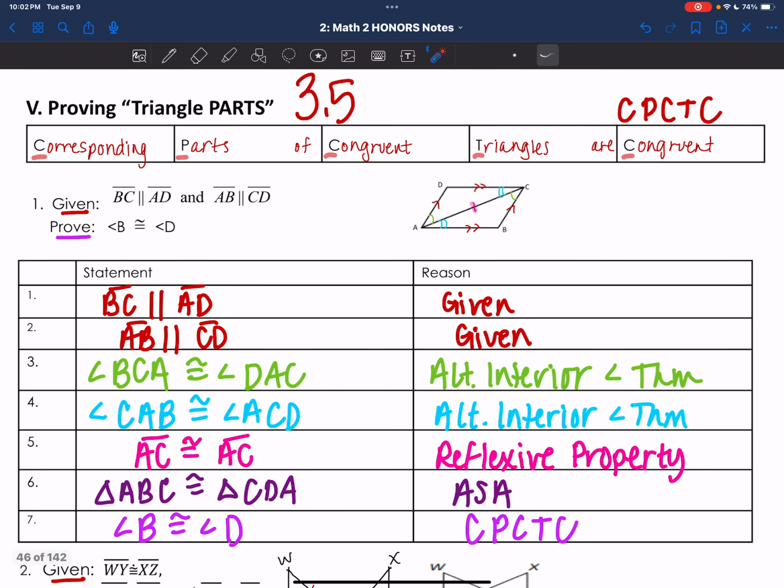So that way we can do given: BC, or segment BC, is parallel. So remember that's parallel. I'll write that here, which you should know. All right, so when you see this, it's not 11, it means parallel. So BC is parallel to AD.